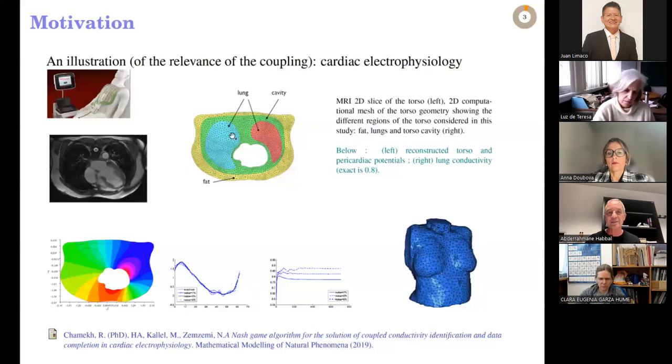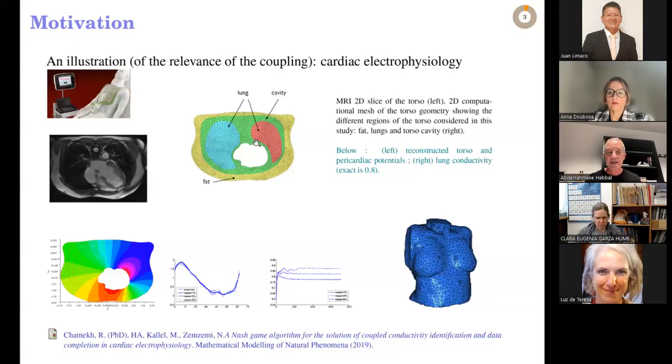And indeed, they told us that if they knew these values only 30% better, they could reconstruct with much more accuracy the electric potential on the heart. And here we show results where we recover the electric potential on the inaccessible boundary, which is the pericardium of the heart.